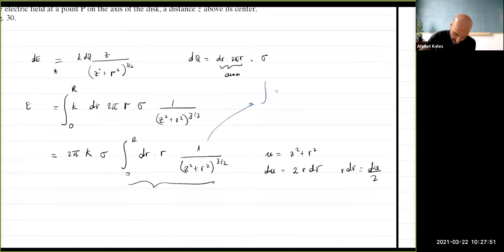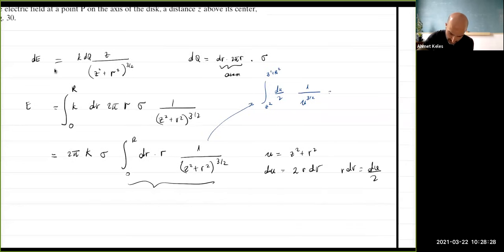So this is du over 2, 1 over u to the power 3/2, and the limits of u: when r is equal to 0, u is equal to z squared, and when r is r, u is equal to z squared plus r squared.